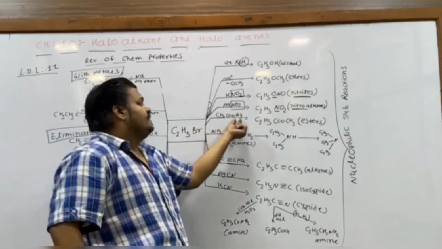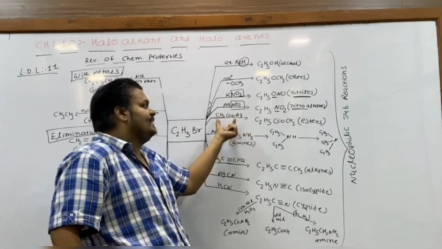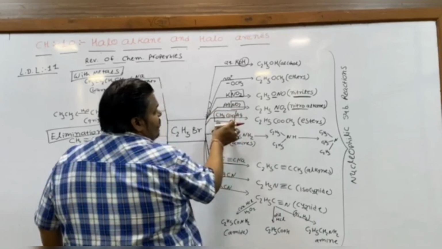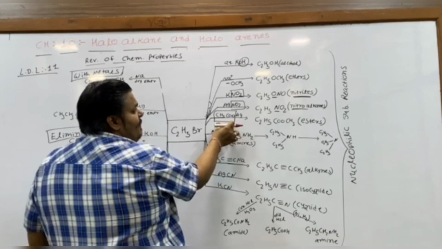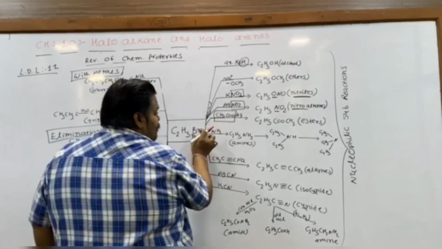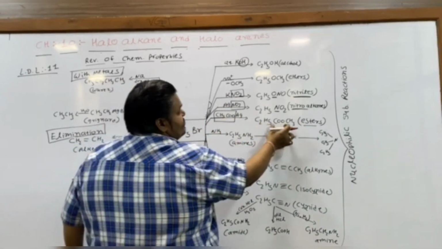Then we have silver acetate, CH3COOAg. This silver acetate produces a nucleophile called the acetate ion, CH3COO-. When this acetate ion substitutes Br as a nucleophile, esters are obtained, C2H5 along with COOCH3.